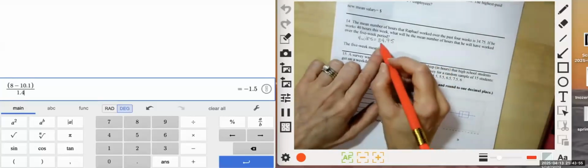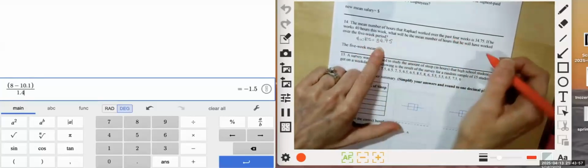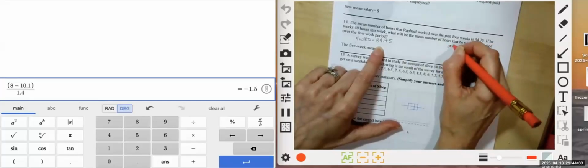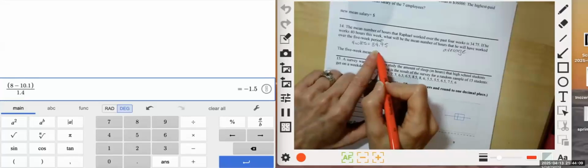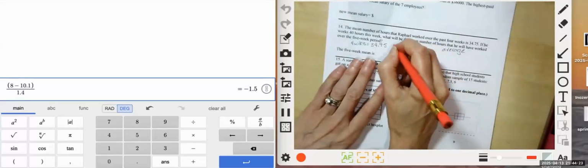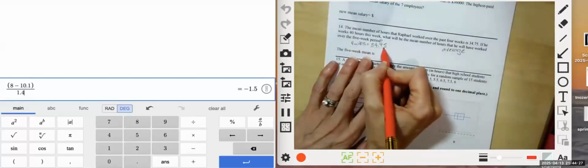Okay, so we know for 4 weeks, let me go backwards. To find average, we take all of our numbers and we add them up and divide by how many there are. We know that 4 of them specifically average out to 34.75. So we're going to take those 4 weeks.